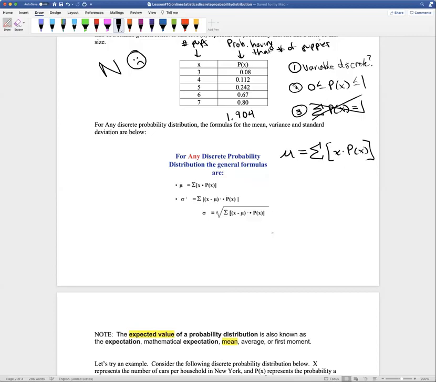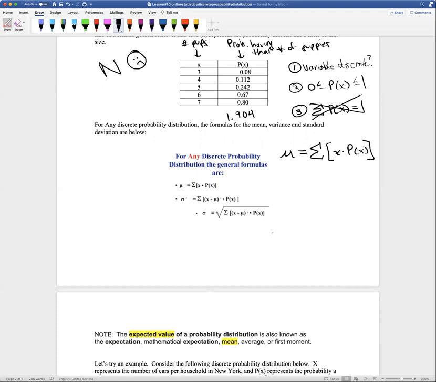Remember that X represents your variable, whatever it is, and P of X represents the probability that variable occurs. So you just multiply these two together, that's X times P of X, and then add them up. And that will tell you what the mean, or the expected value, is. Now we'll talk about expected value in a second.